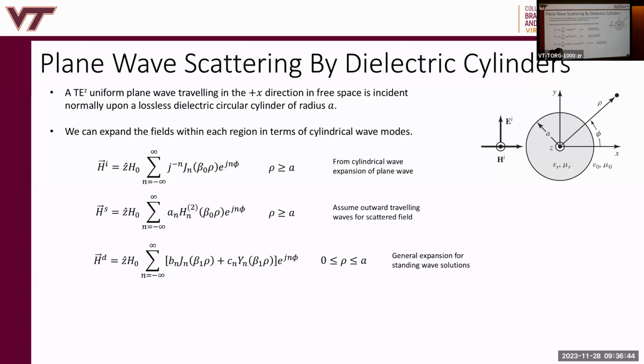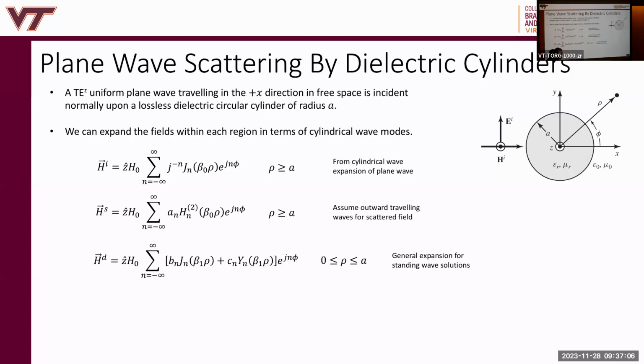And now we have a third expansion because it's a dielectric medium. So we need the fields within the dielectric region, right? We know the fields within the dielectric region are going to form standing waves because they're going to reflect off the discontinuity back and forth multiple times. So the magnetic field in the dielectric is a general expansion for standing waves.